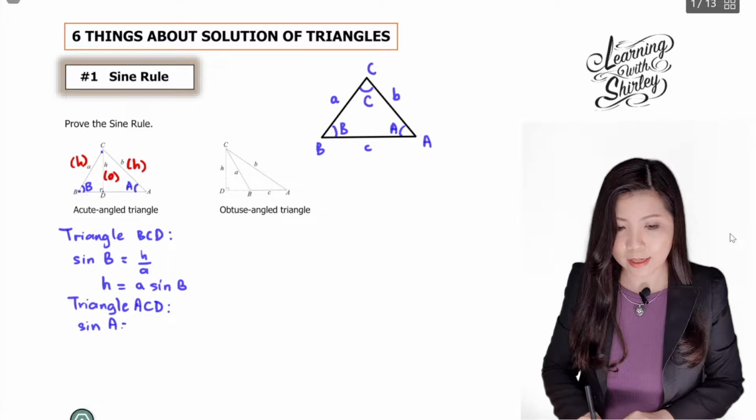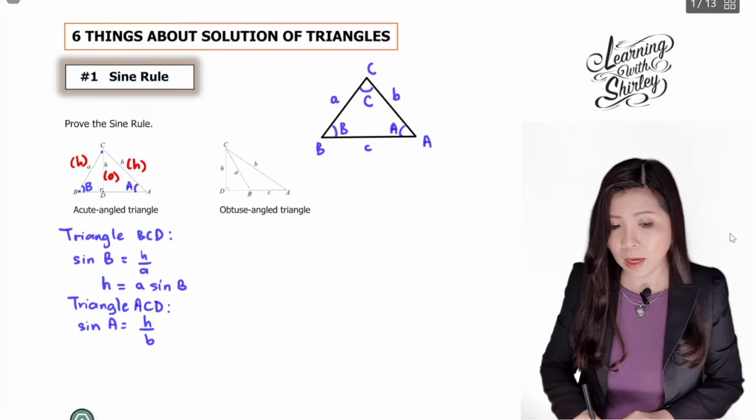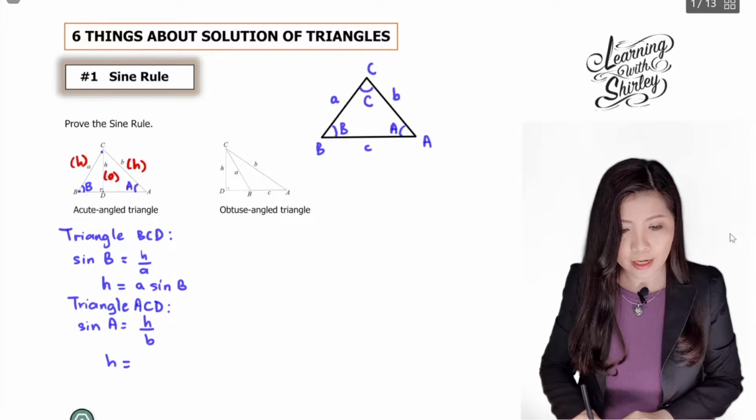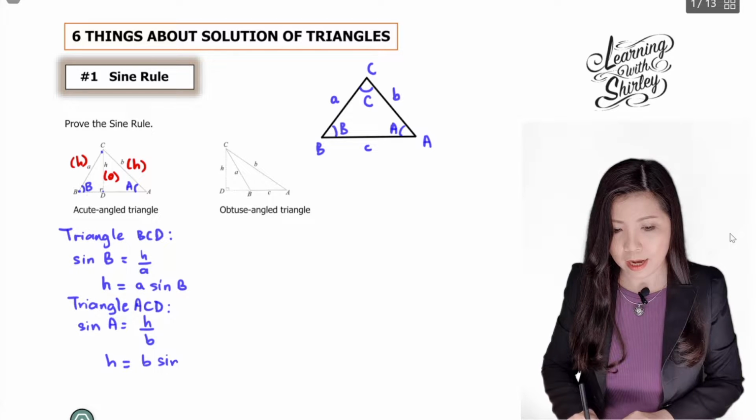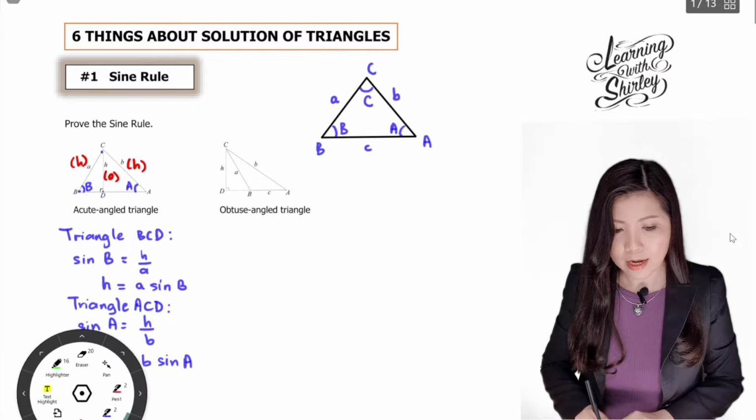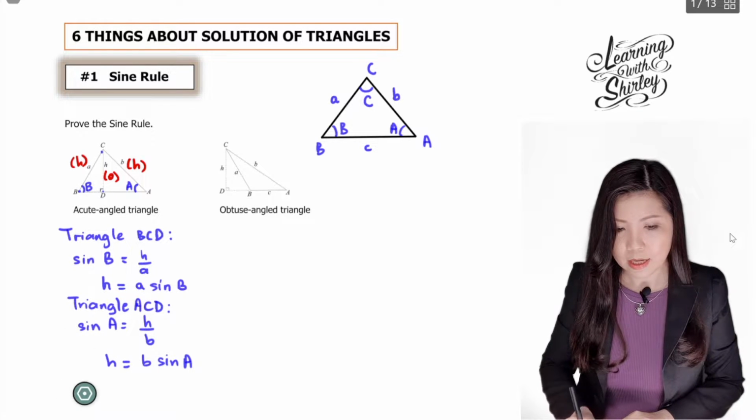So sine A is equal to opposite over hypotenuse, which is h over b. Now I'm going to make h the subject, so h is equal to b sine A. I'll take this as equation 1 and this as equation 2.